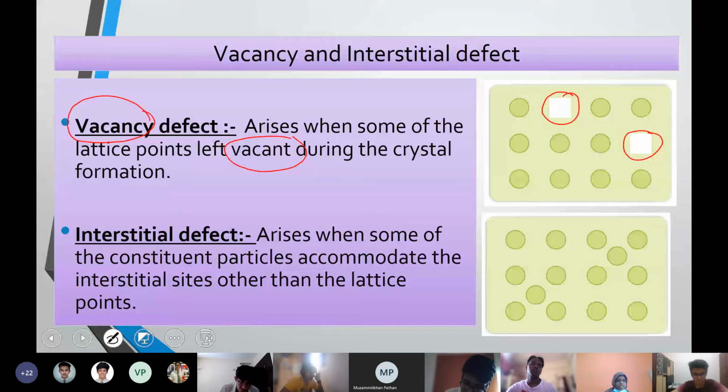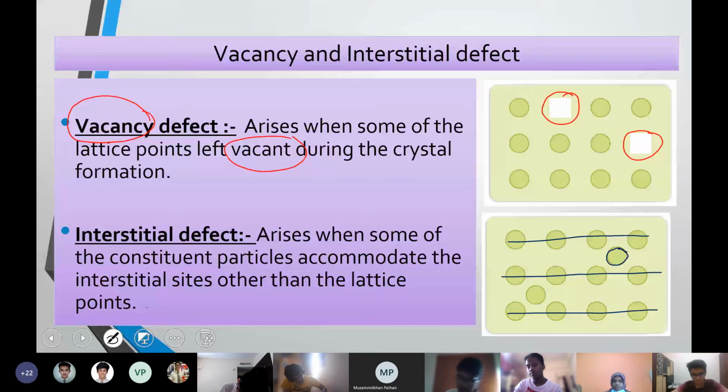But the interstitial defect is when the constituent particles are accommodated in the interstitial site. Interstitial site means, we know that there is a row, each row, so it's supposed to be arranged in a particular row, right? Or column wise, whatever. So there's a particular order of arrangement.